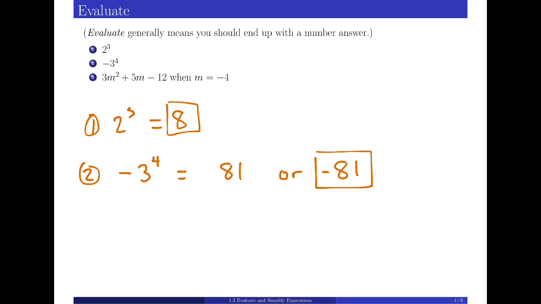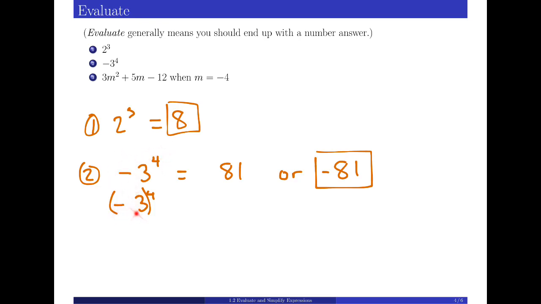There's going to be a difference between -3 to the fourth without parentheses and (-3) to the fourth with parentheses. So what you really have here is the negative of 3 to the fourth. In our order of operations, what comes first? The exponent. So we do 3 to the fourth is 81, and then we have the negative.